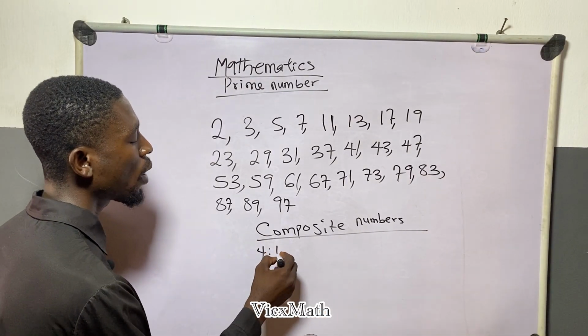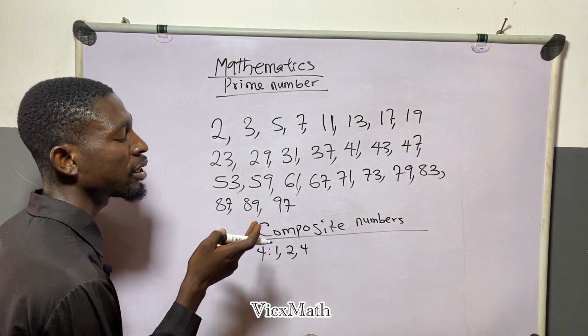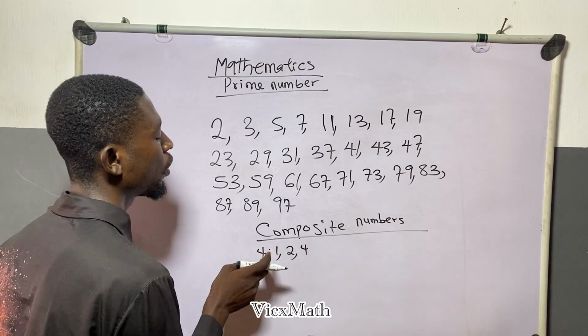Example, what are the factors of 4? 1, 2, and 4. Things that can divide it are more than 2. That's when we call it a composite number.